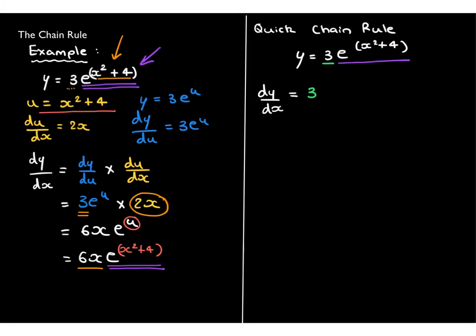Exponential functions differentiate to themselves, so we get e to the x squared plus 4 in our answer. But we need to multiply by the derivative of the innermost function, and the derivative of that is 2x. So here are all the components of the derivative. And of course, this takes us to an answer of 6x e to the x squared plus 4.